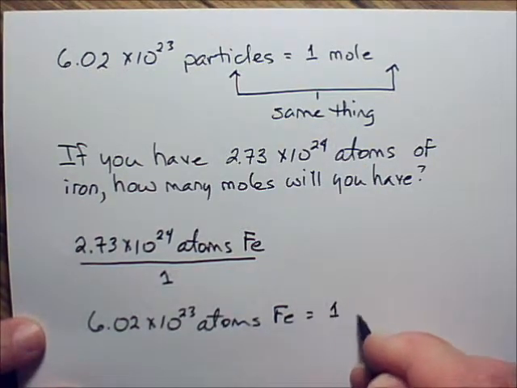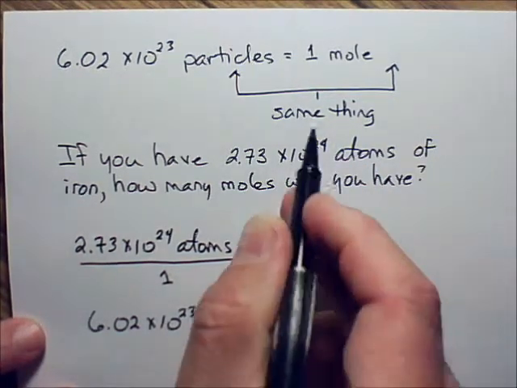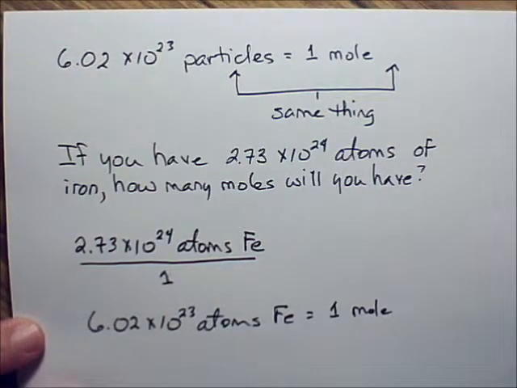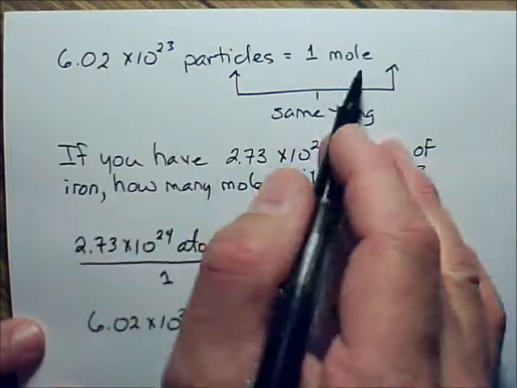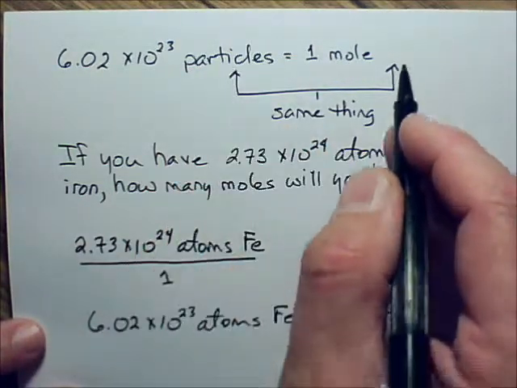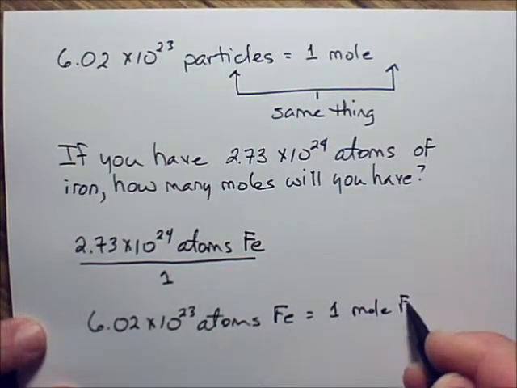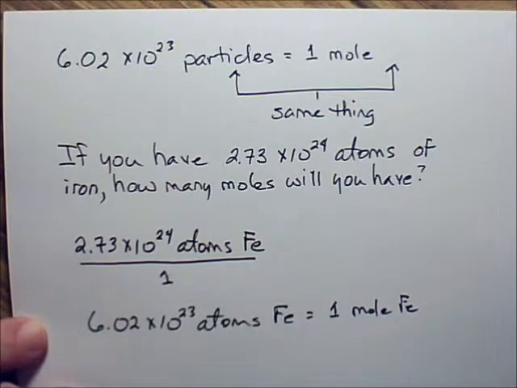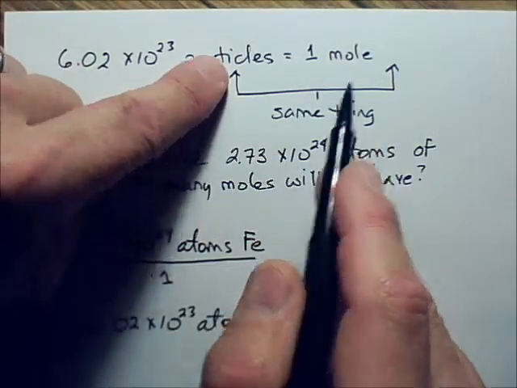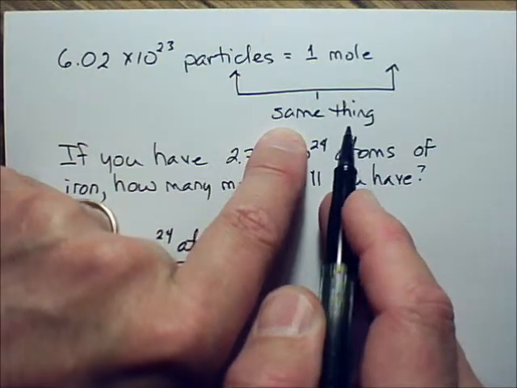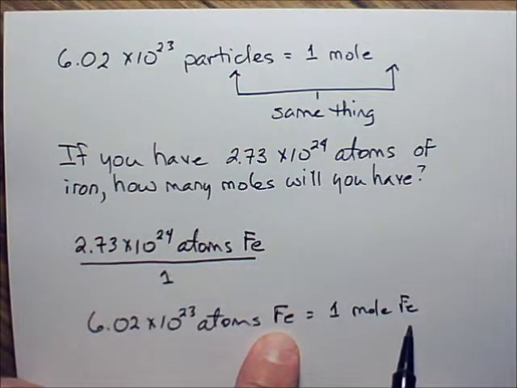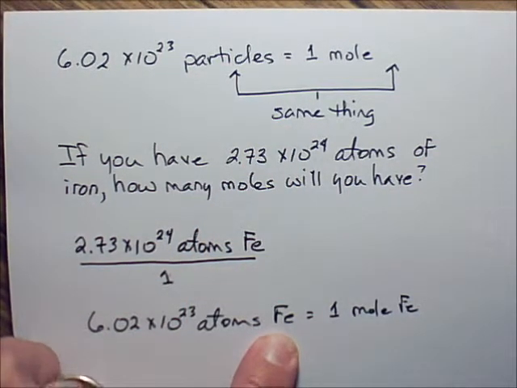Equals 1 mole. What's the same thing? Particles is this, moles is here. What's the same thing I'm going to plug in there? Iron. You have to apply particles and moles to the same thing. So I'm applying iron as the thing on this here.